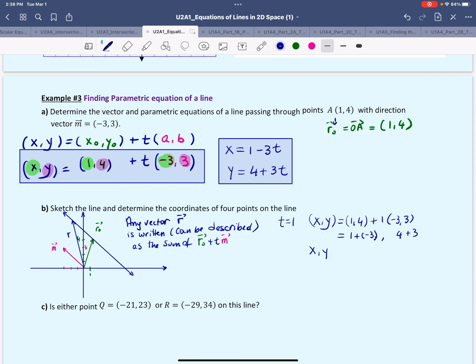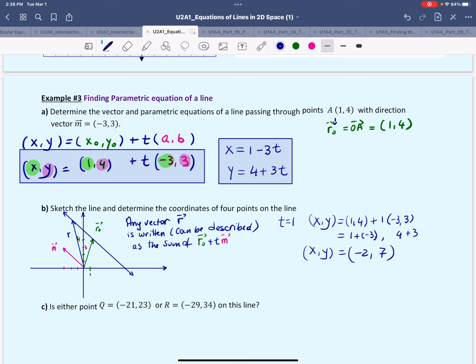So (x, y) will be at (-2, 7). Remember that to find the x and the y coordinates, we can use the parametric equation. So x equals 1 plus 1 times -3. That's where you get -2 from. And y equals 4 plus 1 times 3. So 4 plus 3, that gives 7.